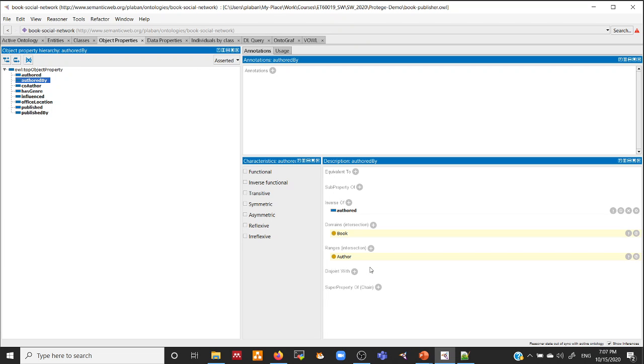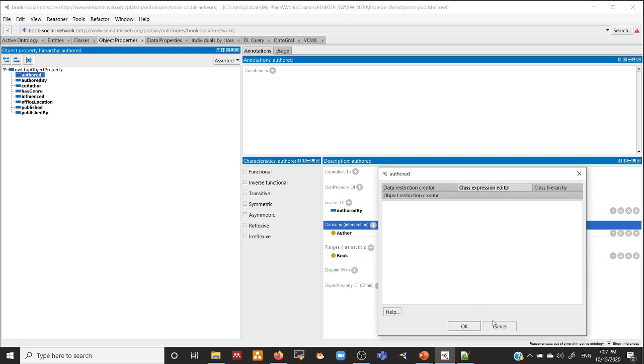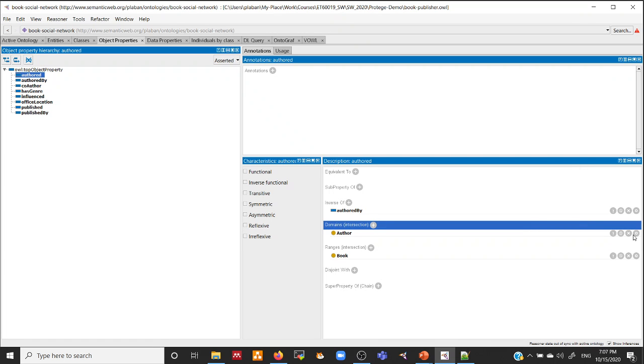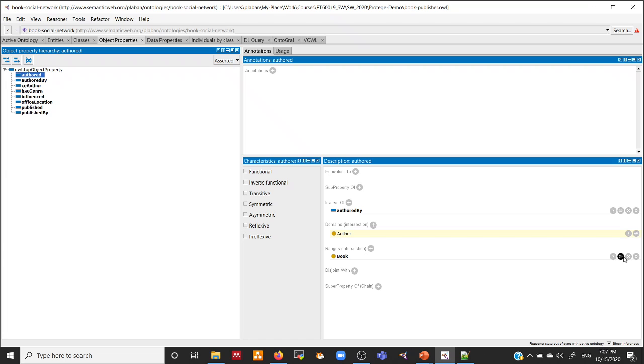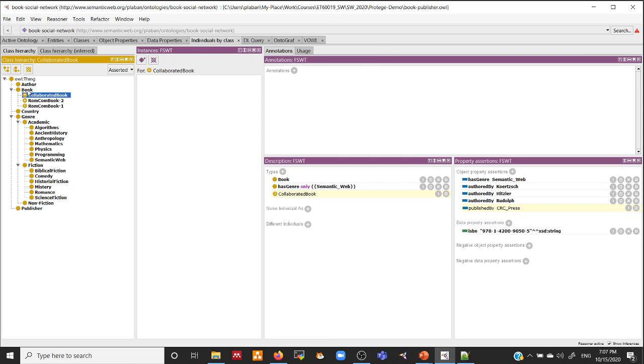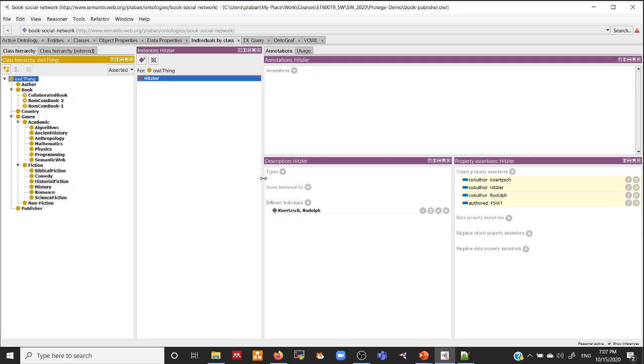Now we are trying to demonstrate the unqualified case, so for that we will be removing these domain and range restrictions. Let us remove this and remove this. Now if we synchronize the reasoner, we'll see that Hitzler is not coming under author.